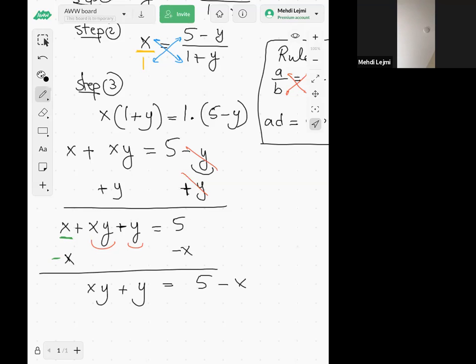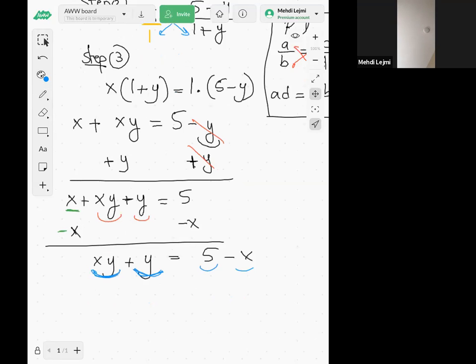So you see, guys, all the terms with y are on the left side, and everything else without y is on the right side. Again, the goal is to factor out y, because now that you have all the y's on the same side, y is a common factor.